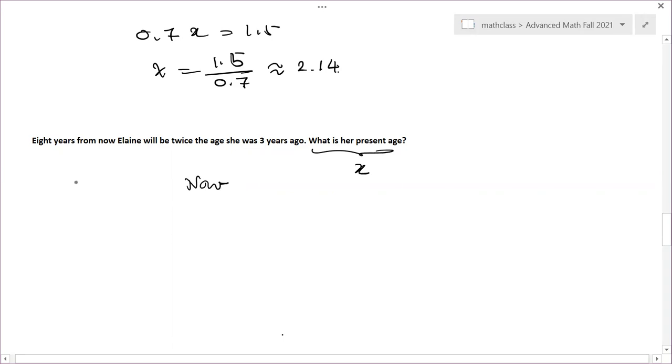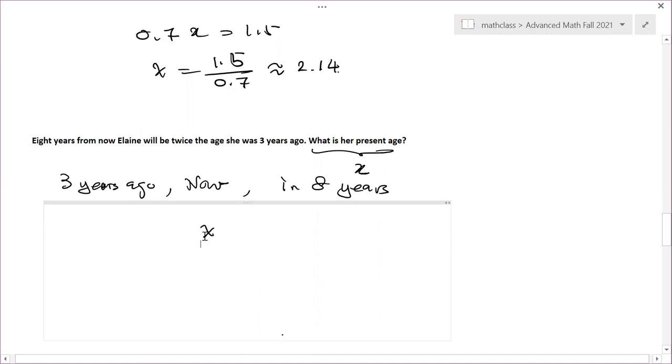So let's see now. Three years ago, and in 8 years. So now is x, right? 3 years ago, x minus 3. In 8 years, x plus 8, right?